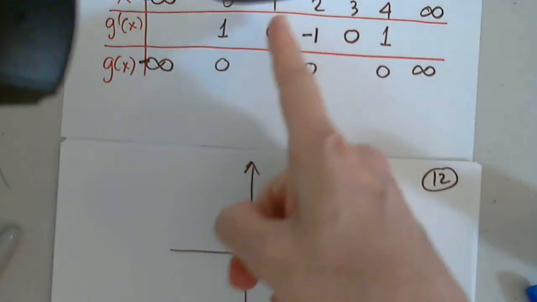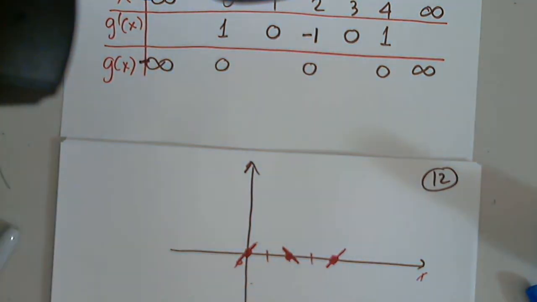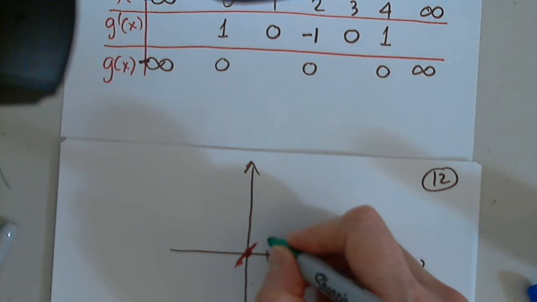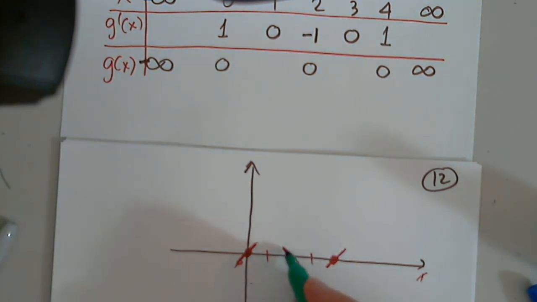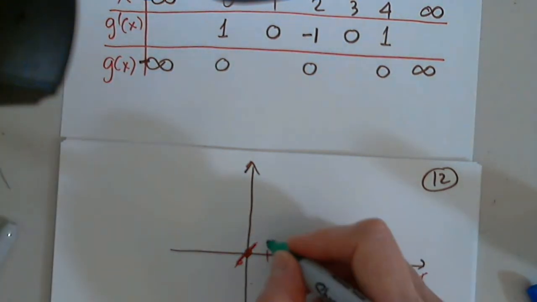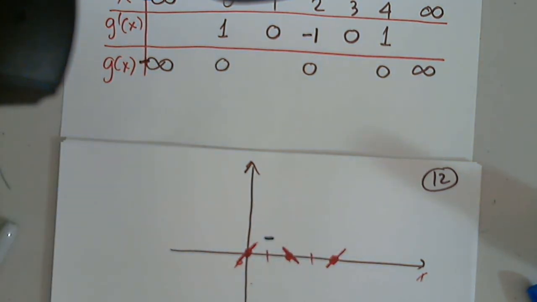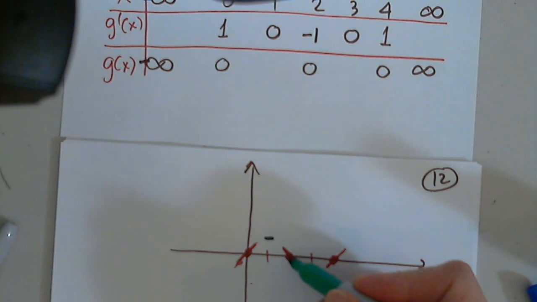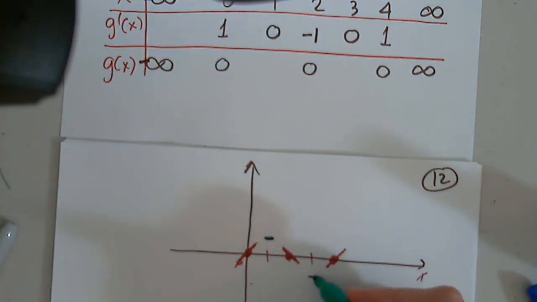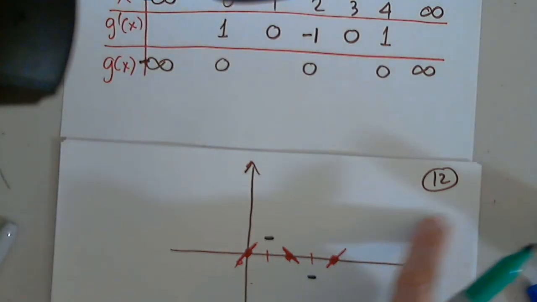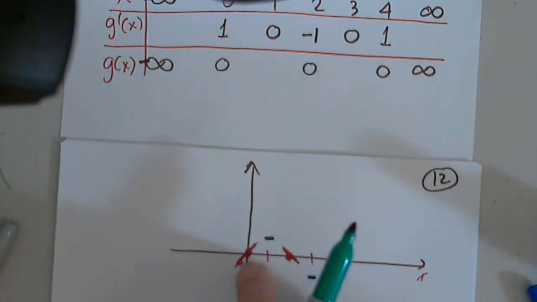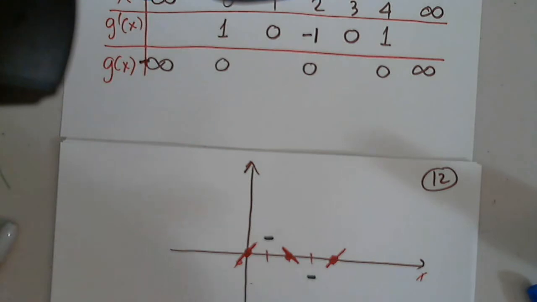Now, at 1, the derivative is 0. I see that this has to follow this pattern, so it must be a maximum right here. Then at 3 it is also 0, but it has to follow this pattern, so it must be a minimum here. And this way it has to go to infinity, and this way it has to go to negative infinity. I'm done.